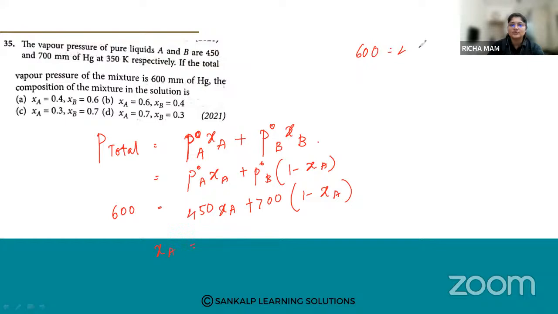So 600 is equal to 450 into psi A plus 700 into 1 minus A. So by this, okay, so 600, two, three, minus.